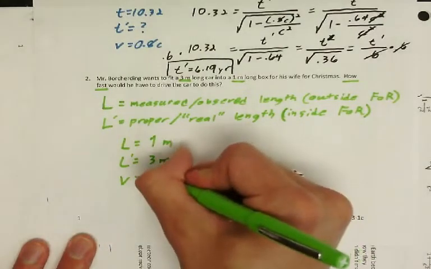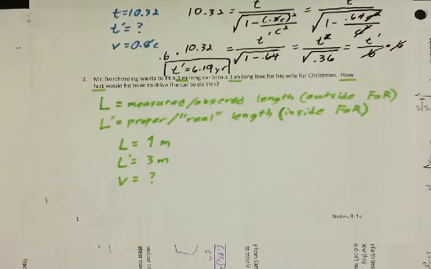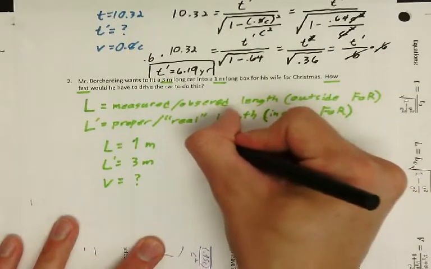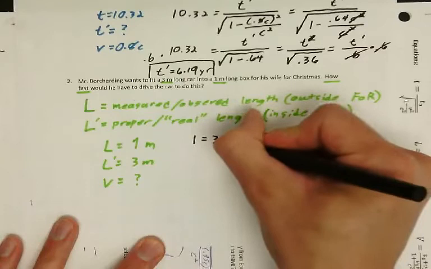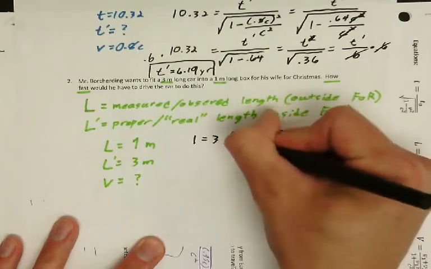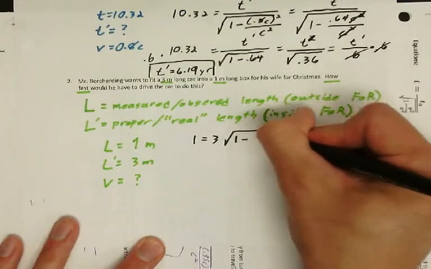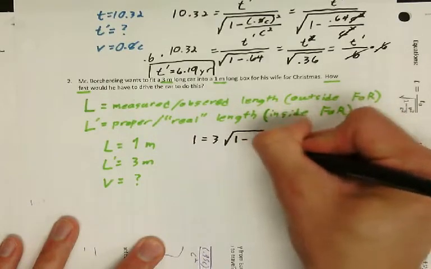And then you want to solve for the velocity. So, 1 equals 3 times the square root of 1 minus v squared over c squared.